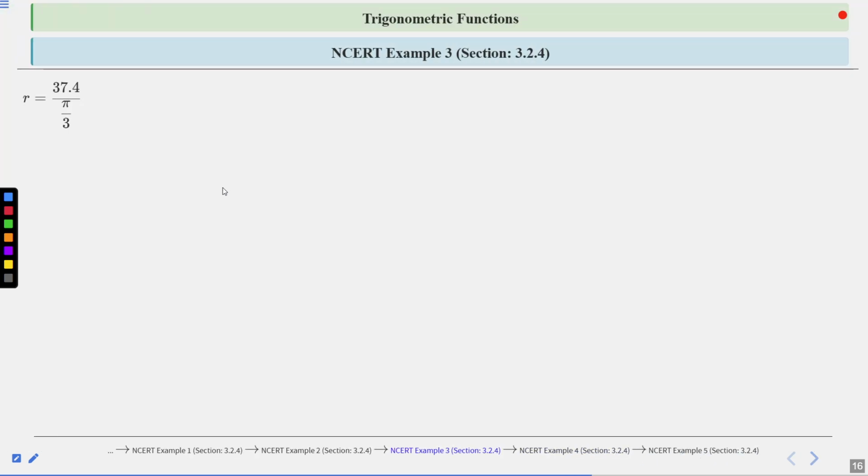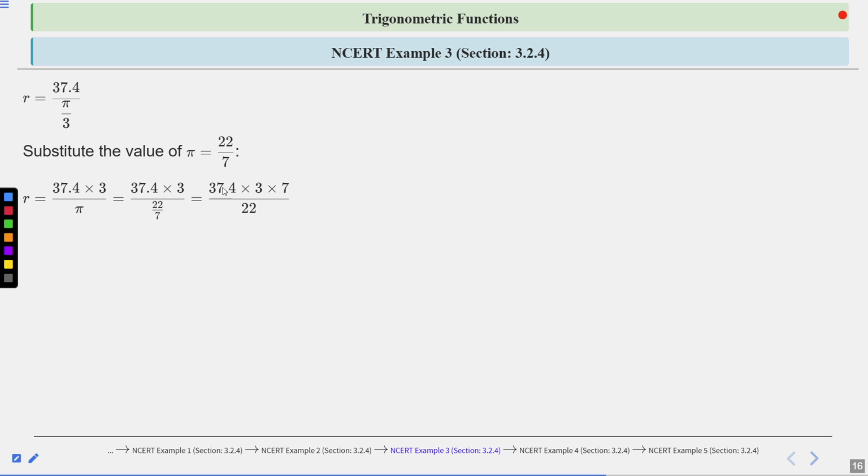So, just putting all my values, r is simply 37.4 by pi by 3. Substituting the value of pi already given to us, we are going to substitute pi as 22 by 7. So r becomes 37.4 times 3 divided by pi.